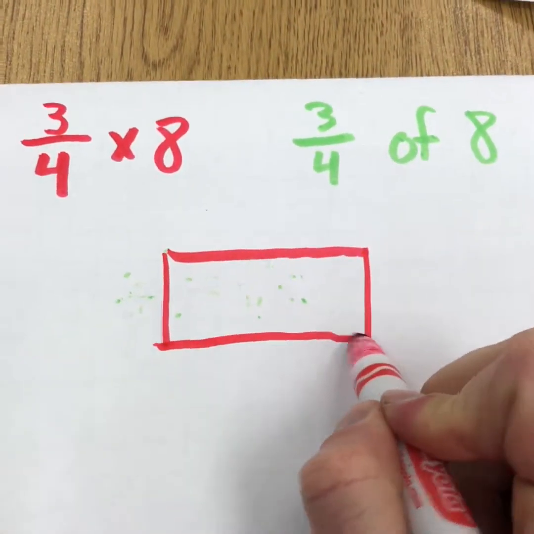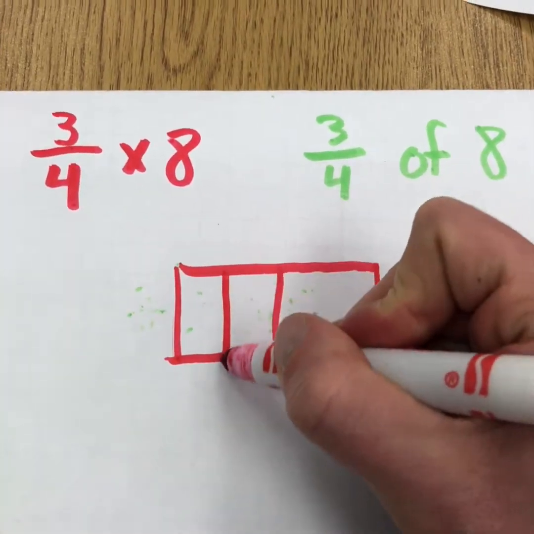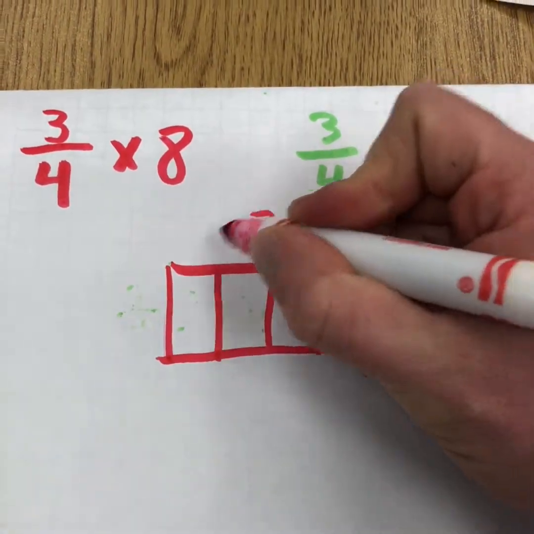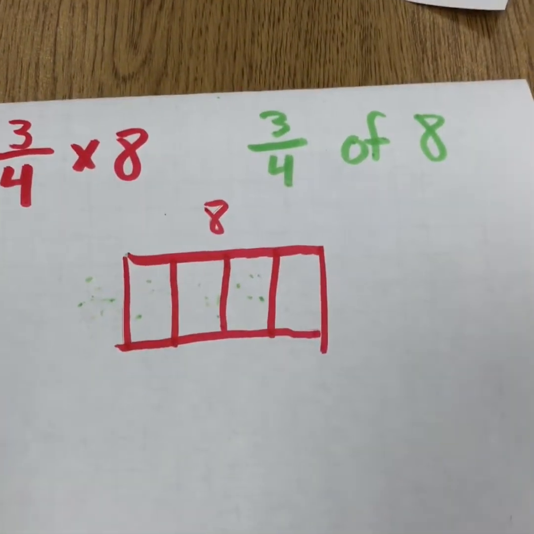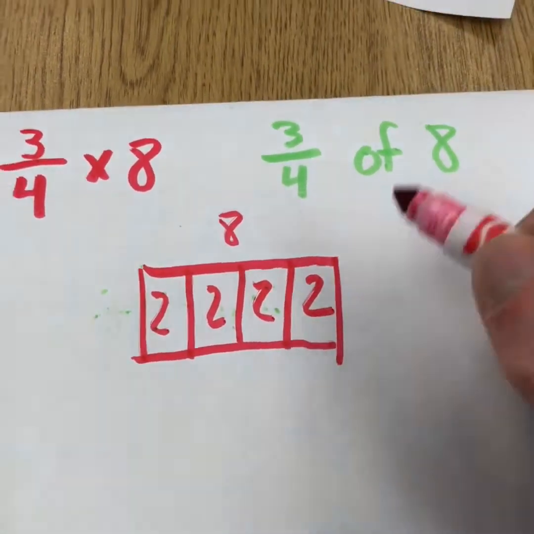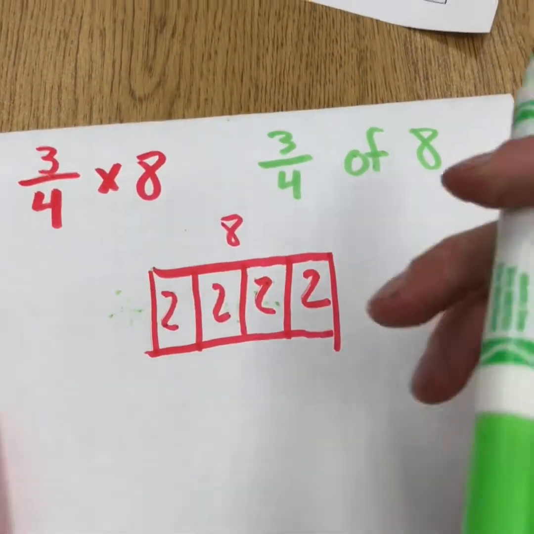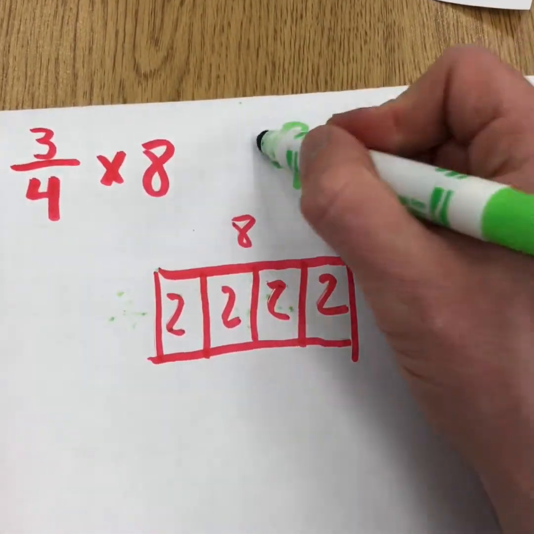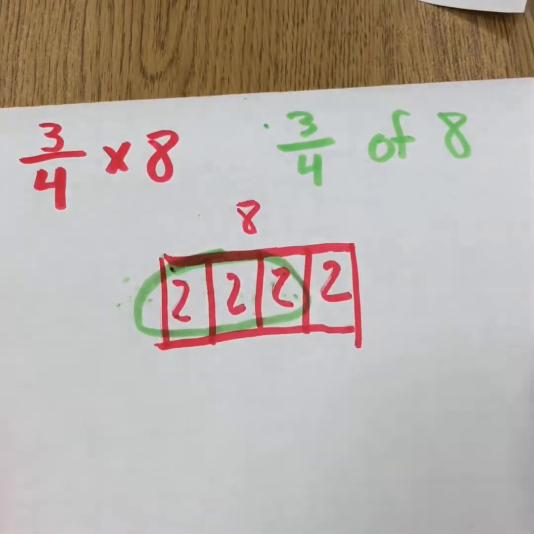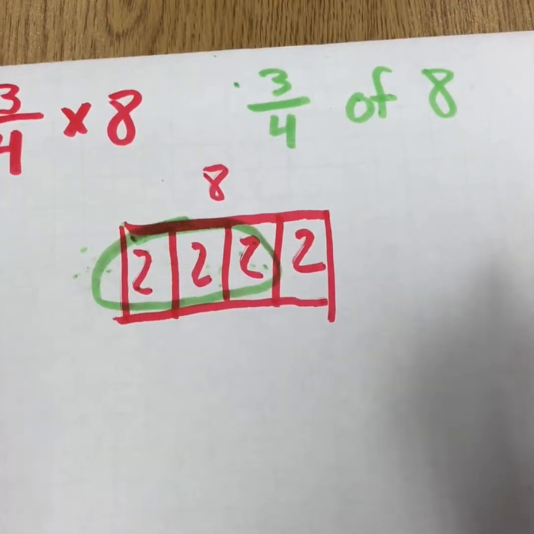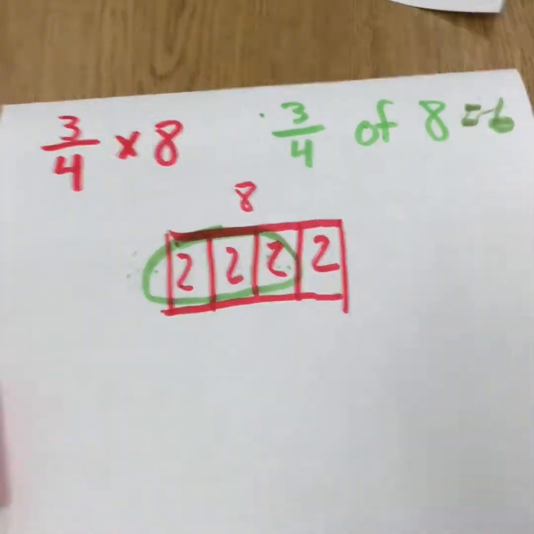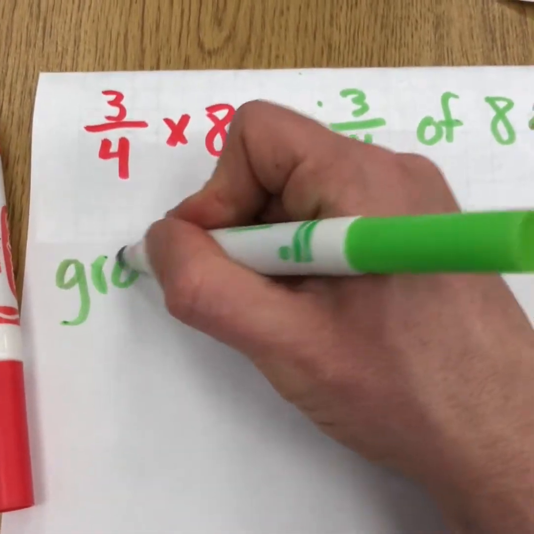Okay? So I make 4 groups. Then I'm splitting these 8 comics into the 4 groups. So that means I could put 2 comics in each group. Then, since I want 3/4 of them, the numerator tells me to take 3 of them. So 3/4 of 8 is 2, 4, 6. So the third way is to use groups.